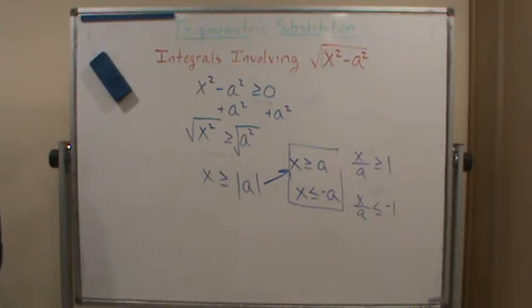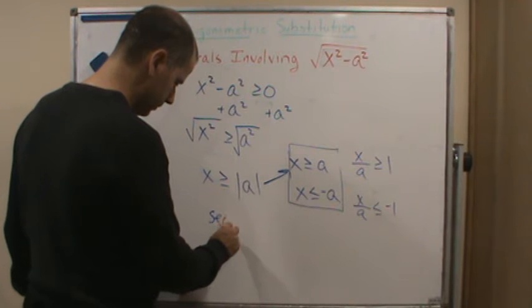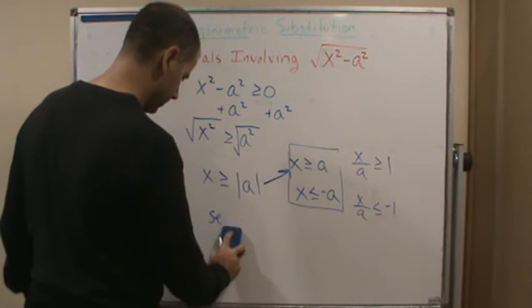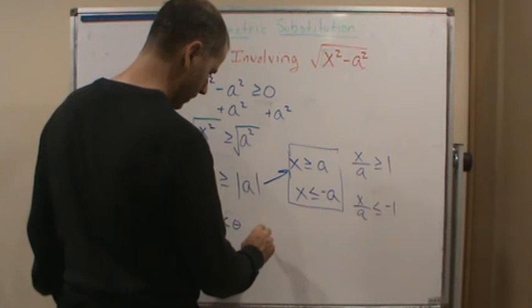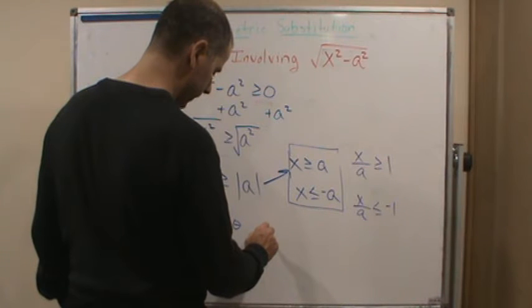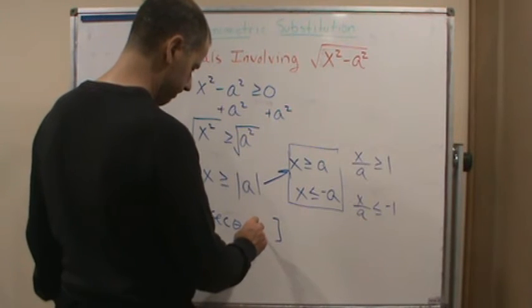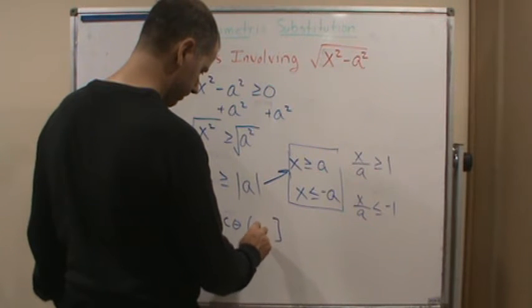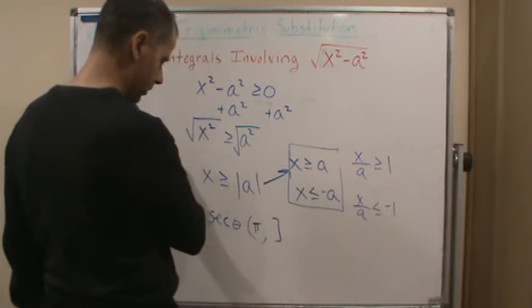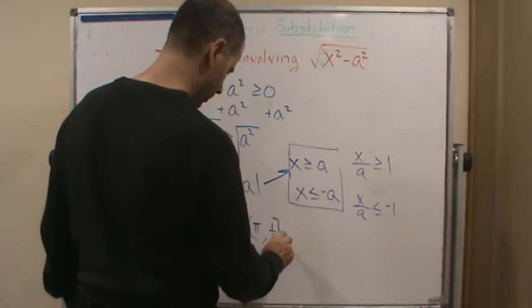So secant theta has the range of, what is it? I think it's 1/2.